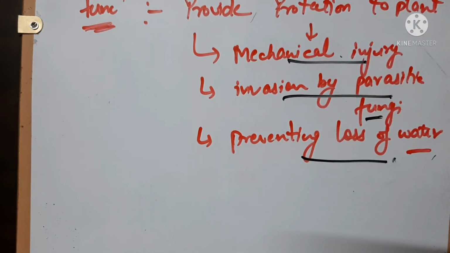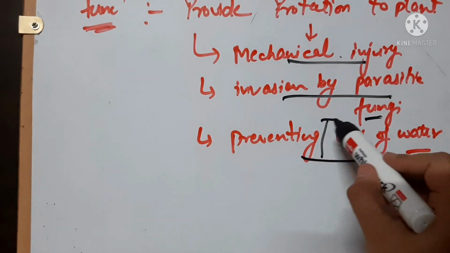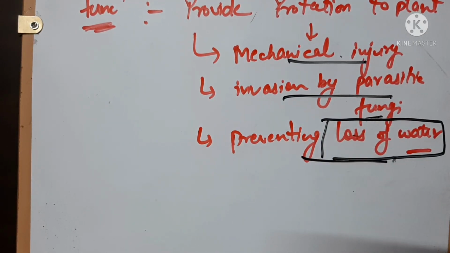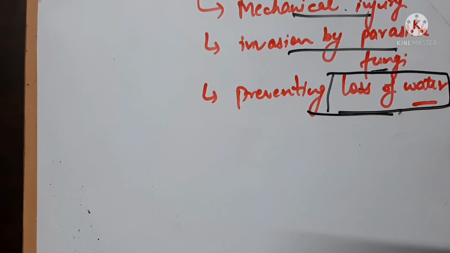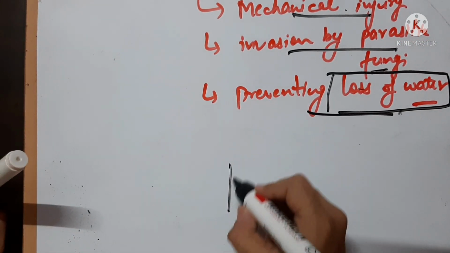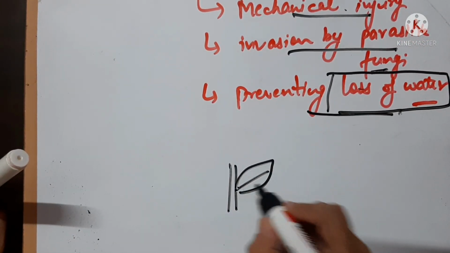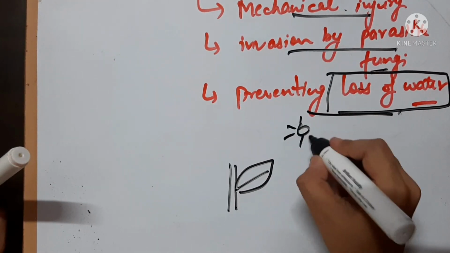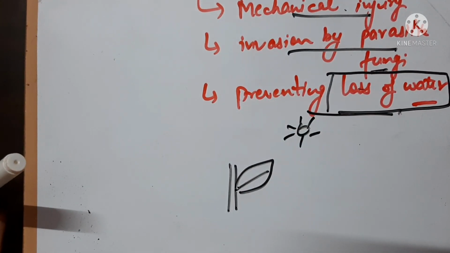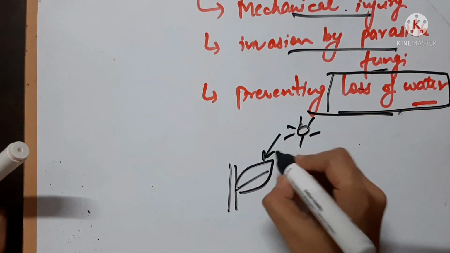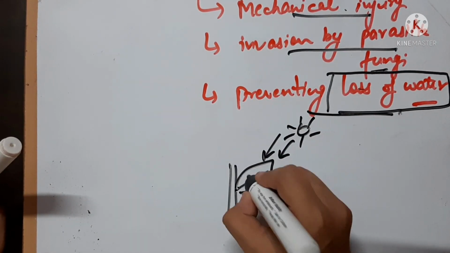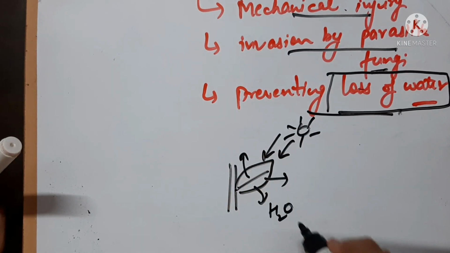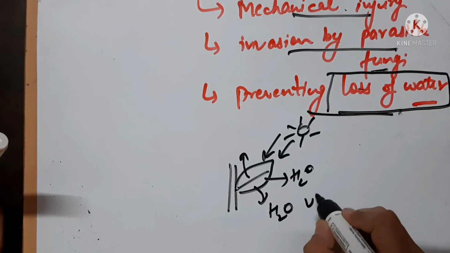So now the question might be coming to your mind: how is water lost from the plant and why is it lost? So let's understand this. If this is the leaf and the plant is present under the sun, when the sun rays fall on the leaves, there will be loss of water from the leaves of the plant in the form of water vapors.